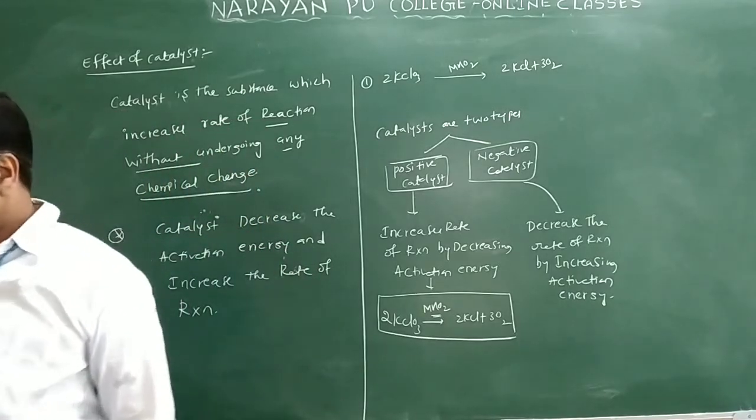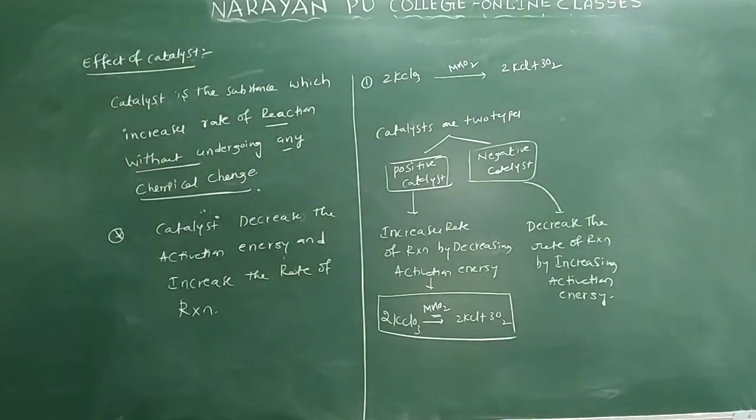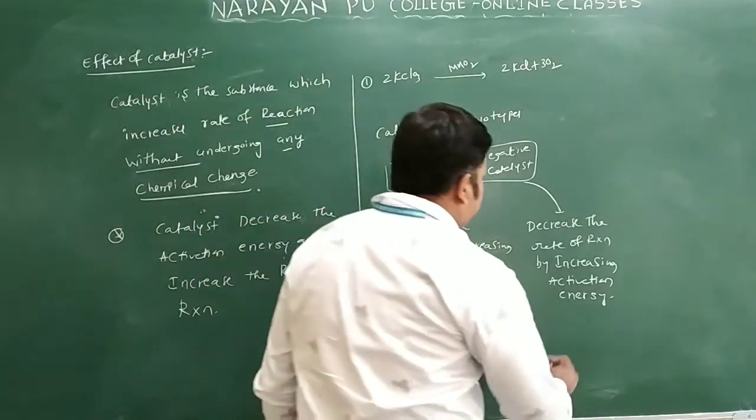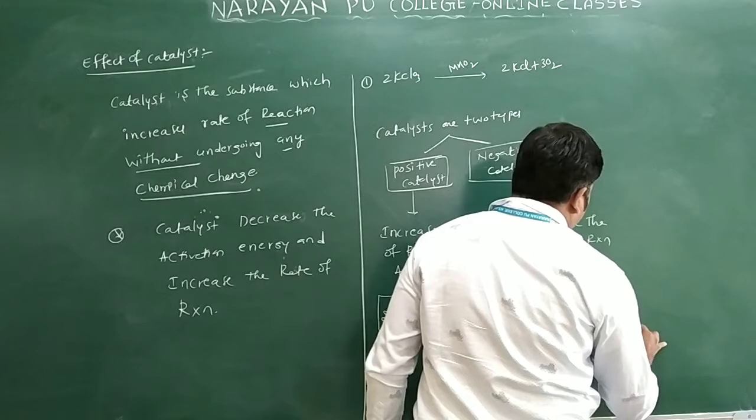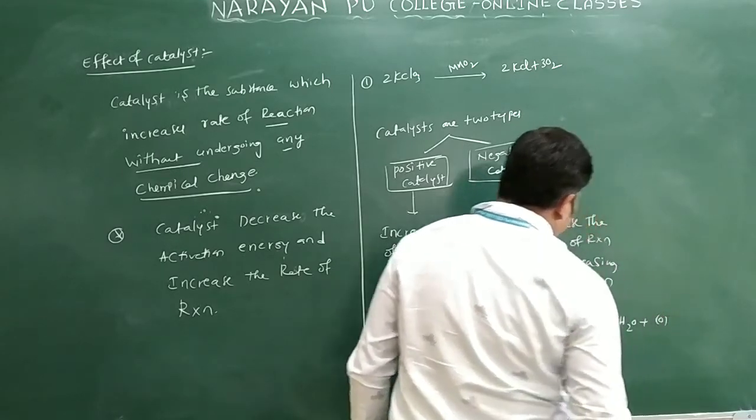What is the example for a negative catalyst? We will see the decomposition of H2O2 in the presence of dilute HCl or acetanilide. H2O2 can be decomposed into H2O plus nascent oxygen.